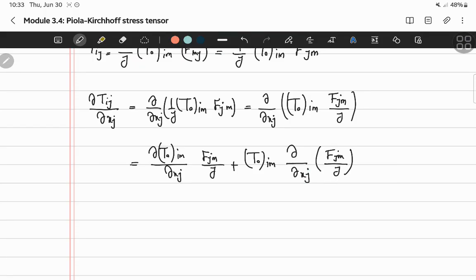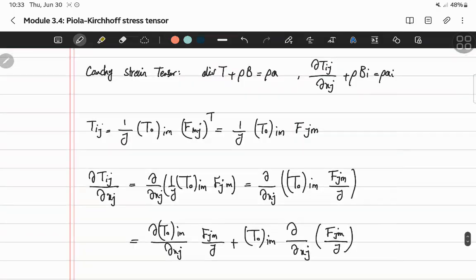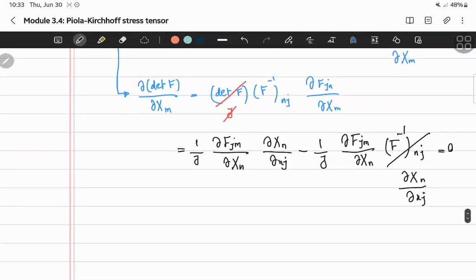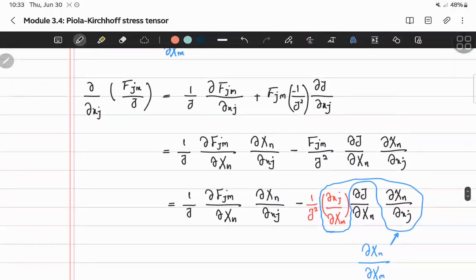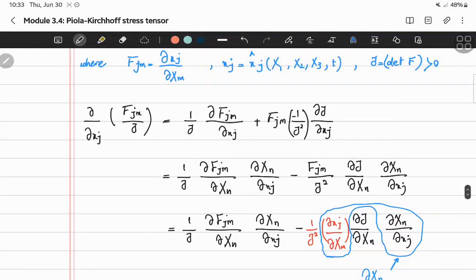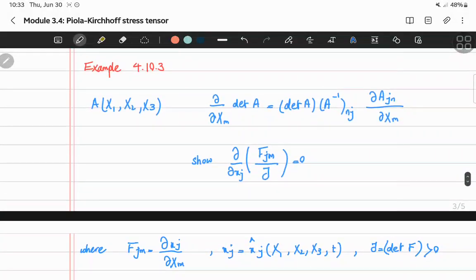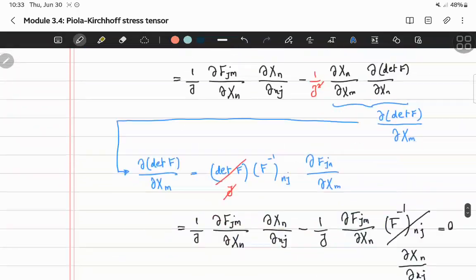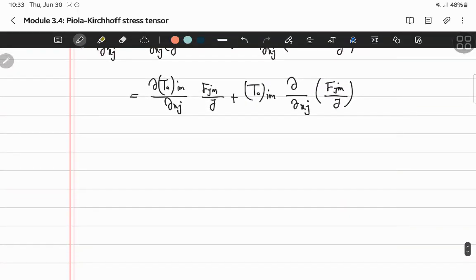And from the example we already solved, we showed that the partial derivative of fjm divided by the Jacobian, this partial derivative with respect to xj, from example 4.10.3, is equal to 0.